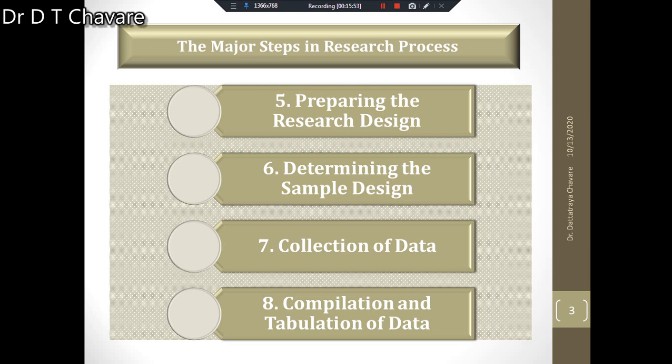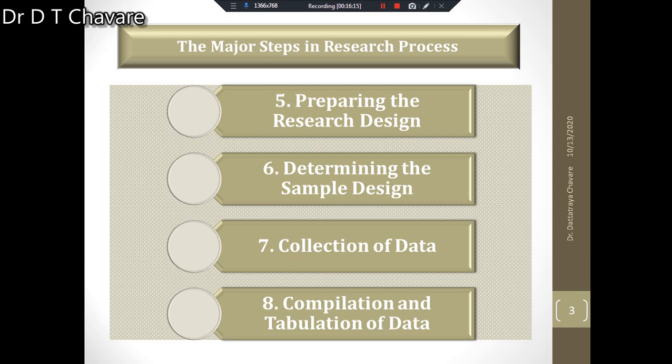If in our investigation we study each and every unit of the population or universe, the method of investigation is called the census method. If we are going to study each and every unit of the population, we follow the census method.